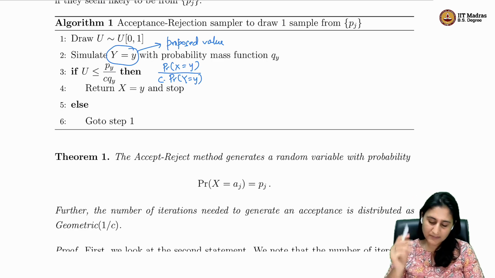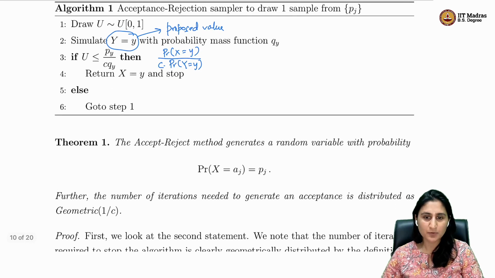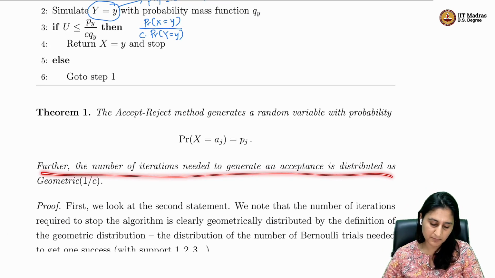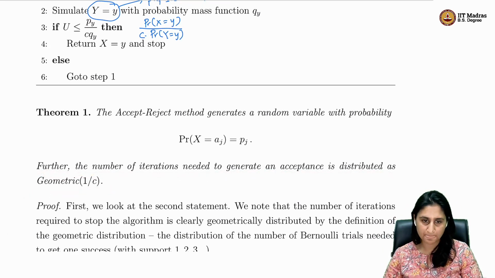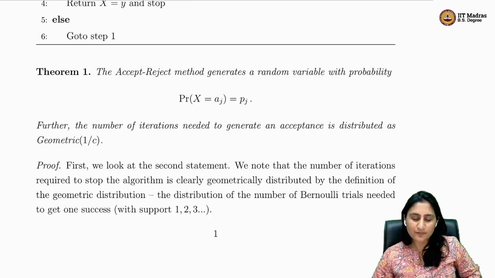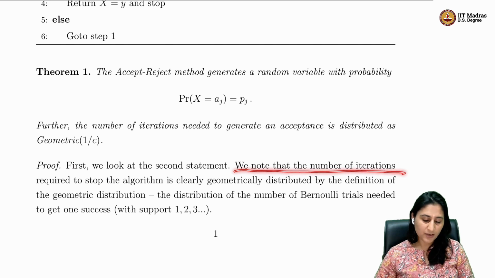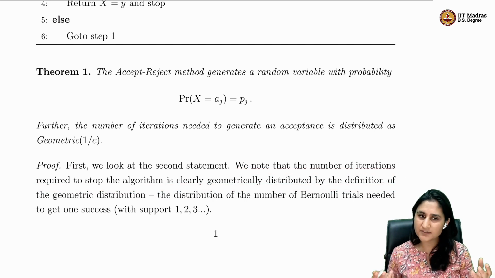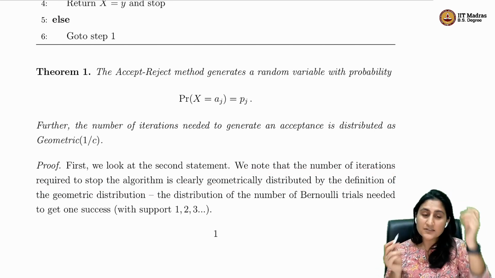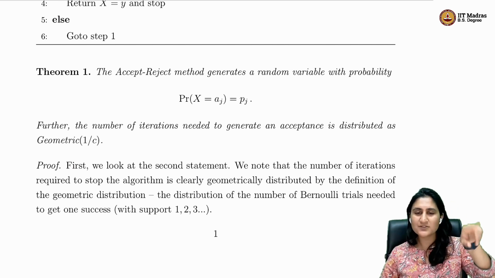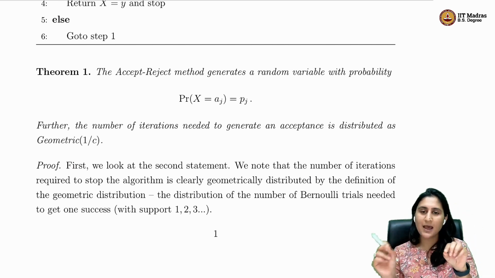Let's look at a proof of this. We'll prove the second statement first, and then we'll go back. We note that the number of iterations required to stop the algorithm is clearly geometrically distributed. With what probability of success, I don't know. But it is geometrically distributed because the algorithm loops until something happens.